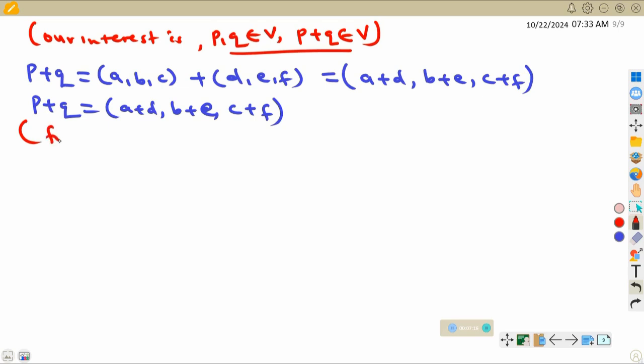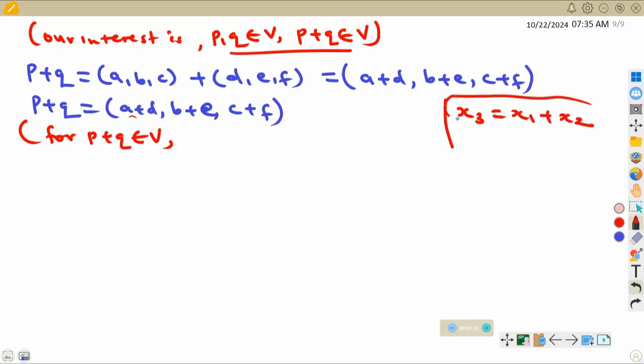For P plus Q to be an element of V, we must show that A plus D, B plus E, C plus F satisfy the condition for elements from V. Remember, for elements in V, x3 must be equal to x1 plus x2. This is the given condition.